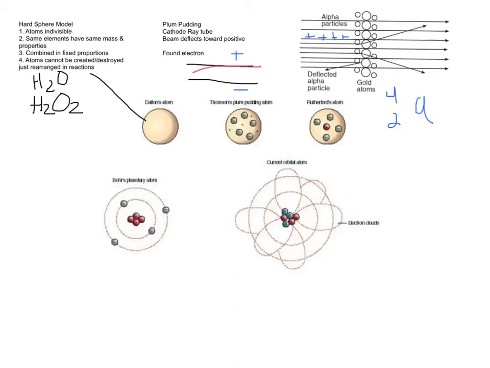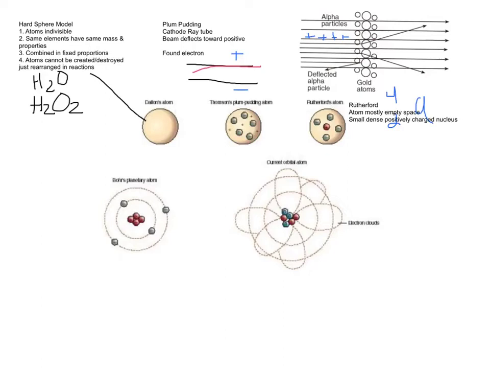And because even fewer particles are deflected at these very sharp angles, these particles must be encountering a very dense area of the atom. So Rutherford goes on to say that the atom is mostly empty space, and it contains a small, dense, positively charged nucleus.